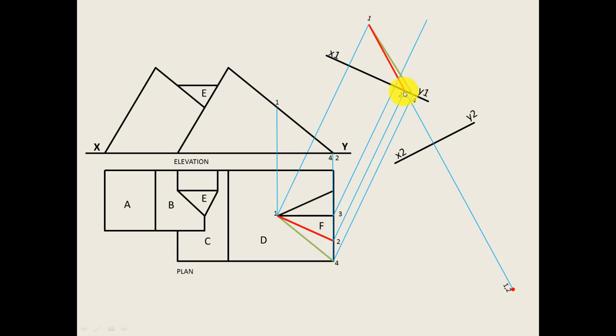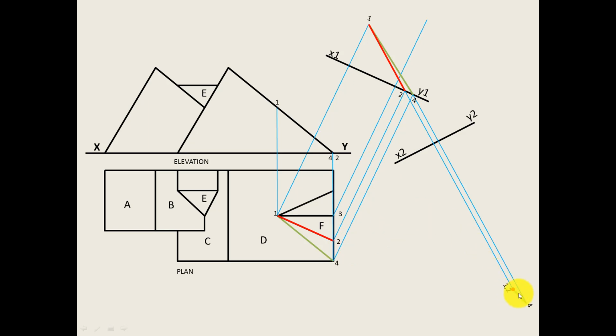So the distance from point 2 in our auxiliary elevation back to our plan is the same as the distance from our x2 to our point 2 in our new view. And we do the same then with point 4. Our distance from our x2, y2 to point 4 being the same as from x1, y1 back to 4 in plan. Okay, and again we can join up.